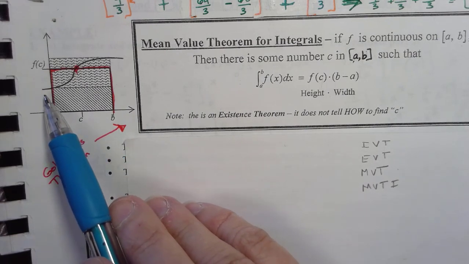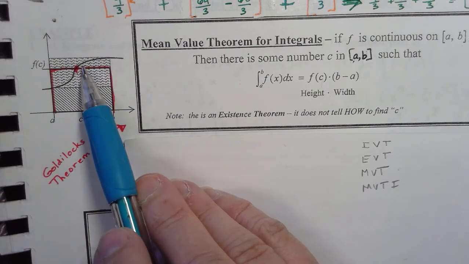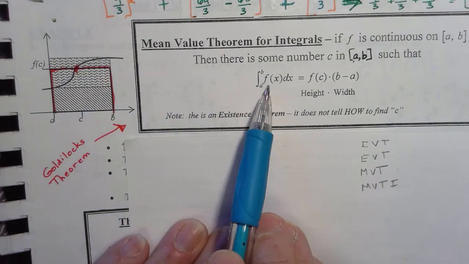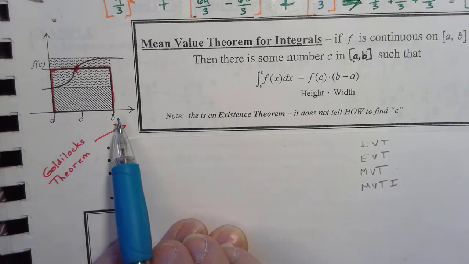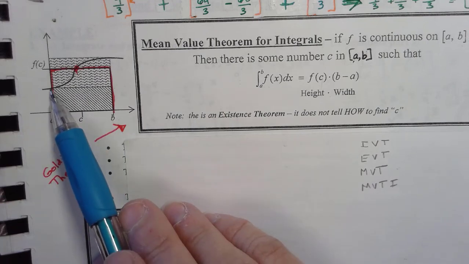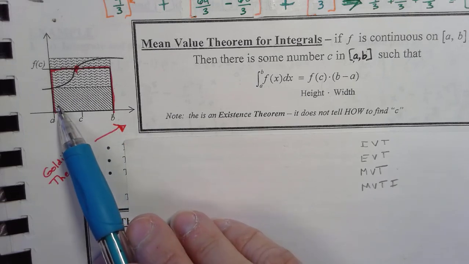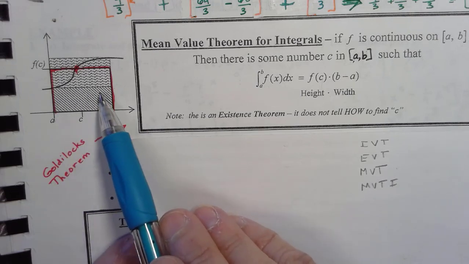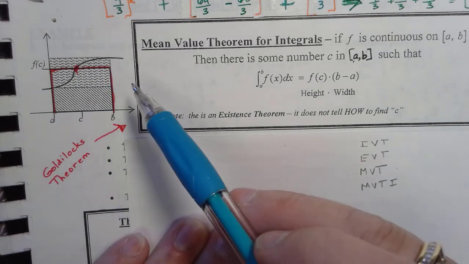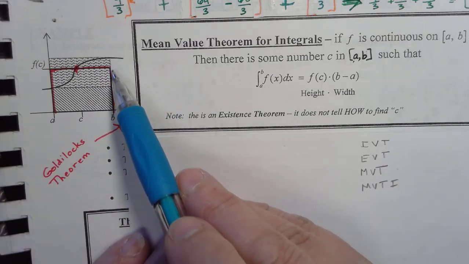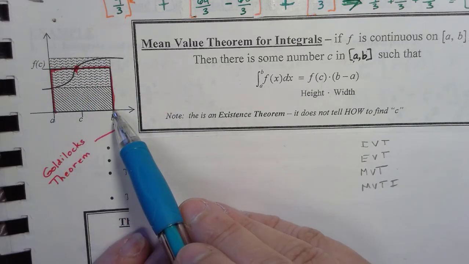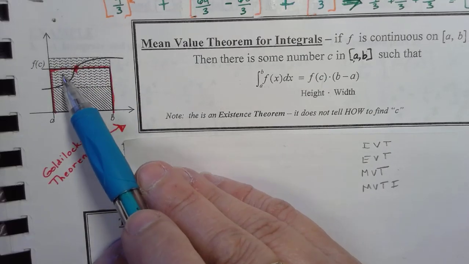If I look at this curve right here, here's my curve, okay? Some function. Here's my interval from a to b. If I look at my left-hand rectangle, it's this one. That is way underestimating this area under the curve. If I look at my rectangle formed by the right endpoint, that's this one. That is way too much.